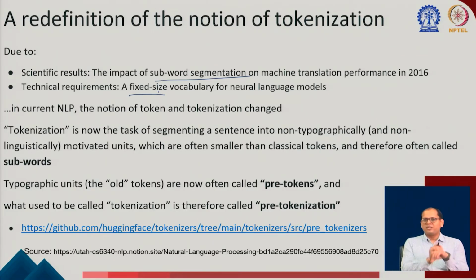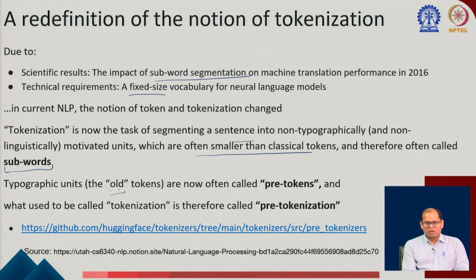Now when we say tokenization, it means segmenting a sentence into some units. They may not be typographical in nature, may not always be linguistic, but they are often smaller than the classical tokens. In general, they are called subwords. They may sometimes be words, but in general they are subwords.